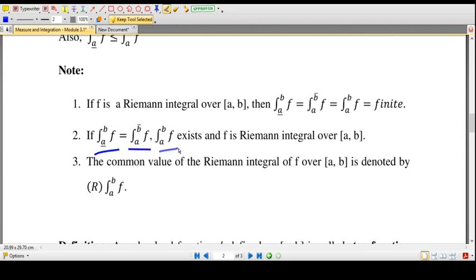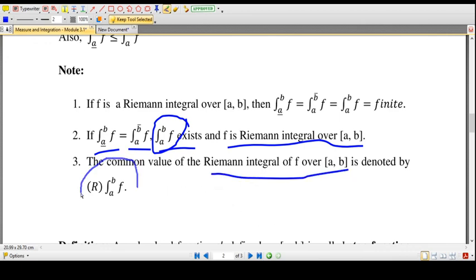Then f is Riemann integrable over [a, b], and this common value is called the Riemann integral of f over [a, b]. It is a Riemann integral.